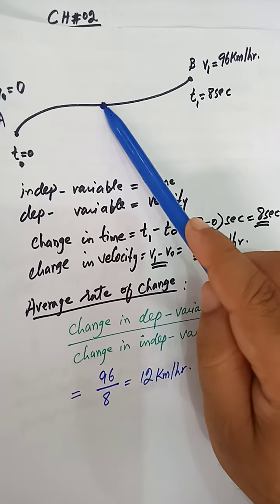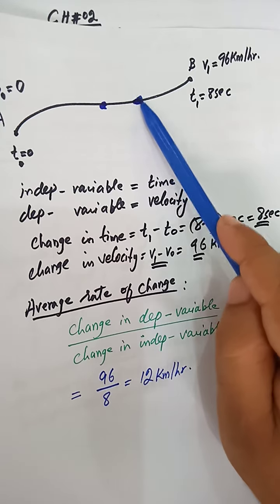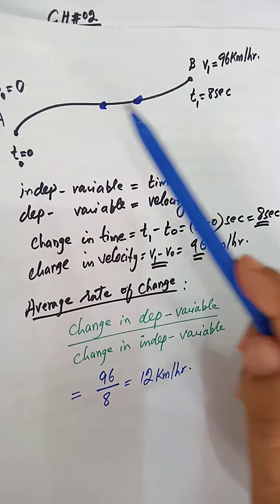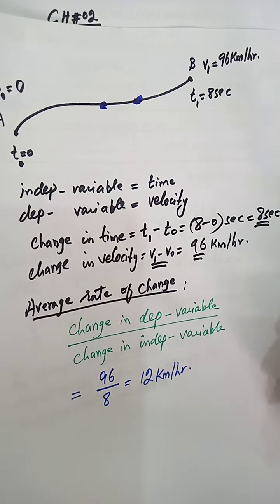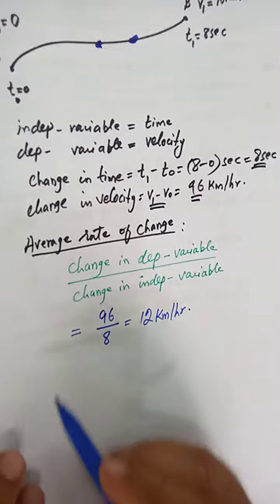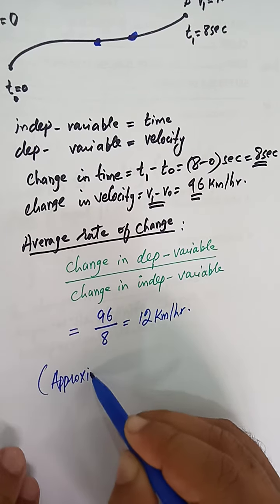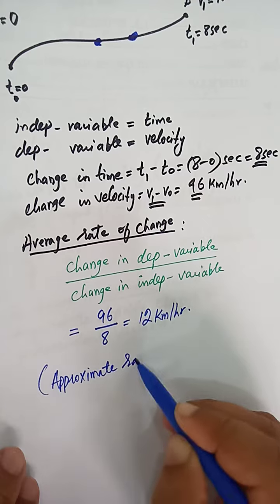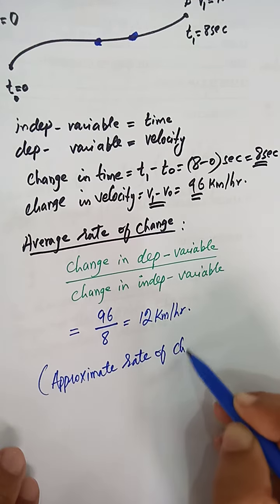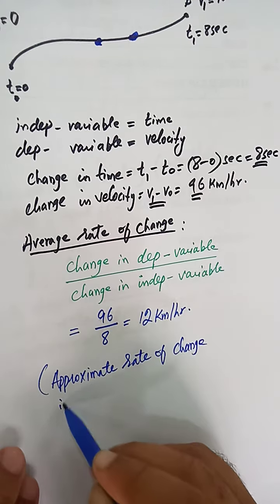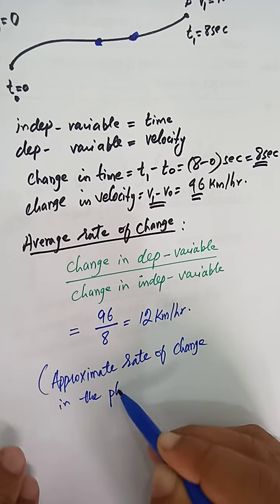Here the velocity will be 12 kilometer per hour, here the velocity will be 12 kilometer per hour. लेकिन ये ज़रूरी नहीं है कि हर एक पॉइंट के ऊपर 12 किलोमीटर पर आवर ही हो, but that is the average. So remember, average rate of change always gives the approximate rate of change in the phenomena.